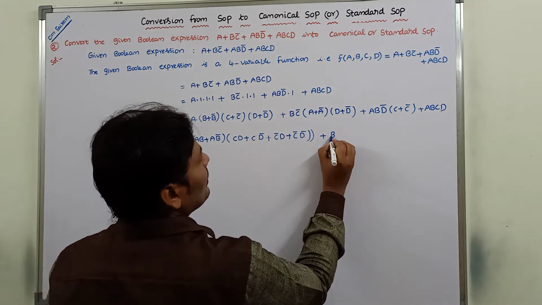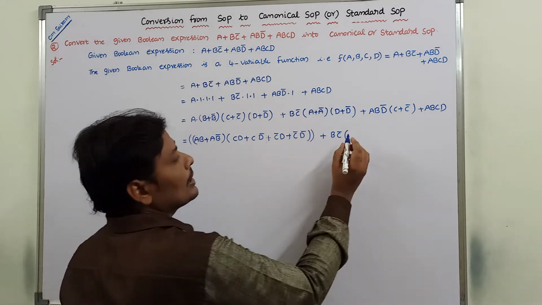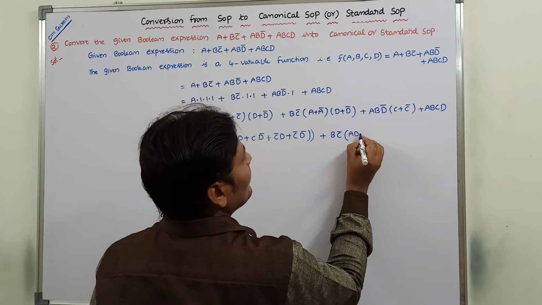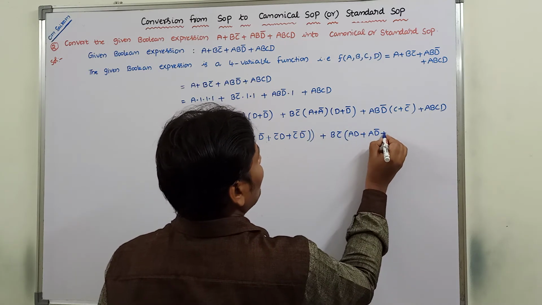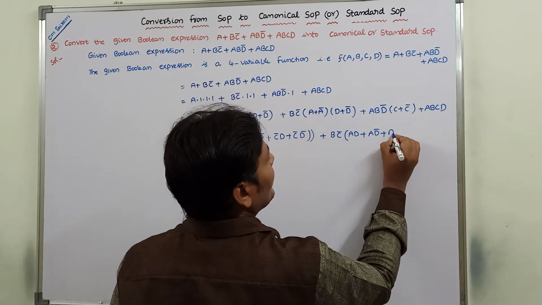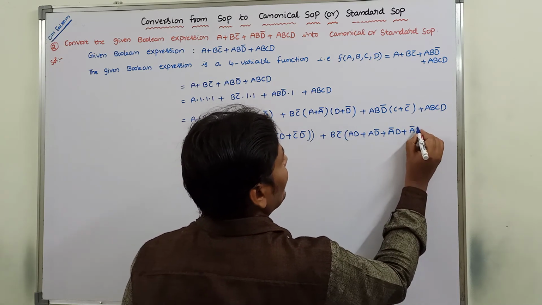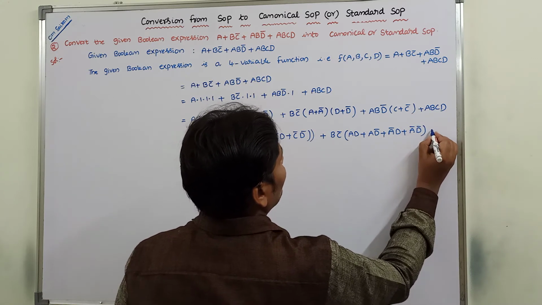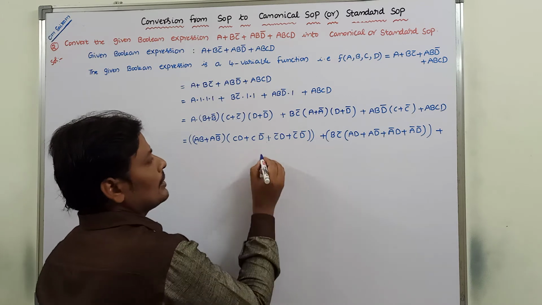Next one, bc bar: a into d is ad, plus a into d bar, ad bar, plus a bar into d, a bar d, plus a bar into d bar, a bar d bar. This is the second term.